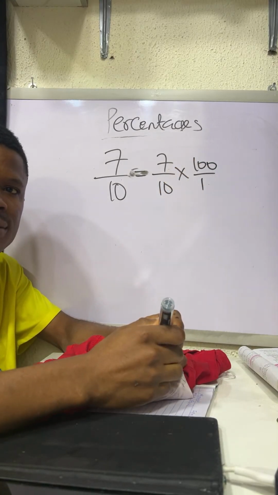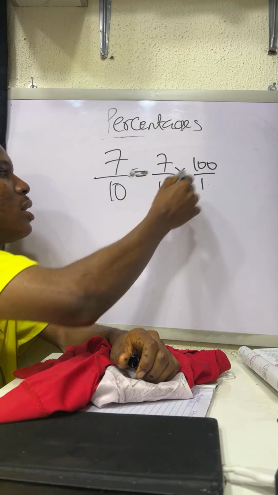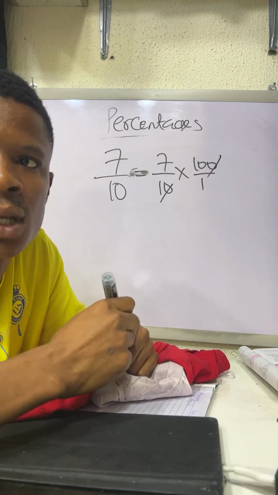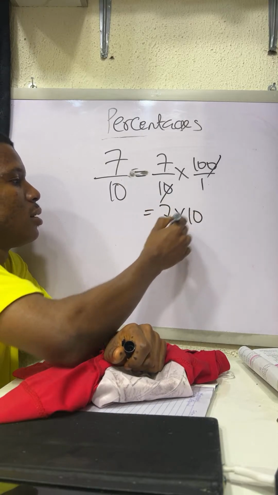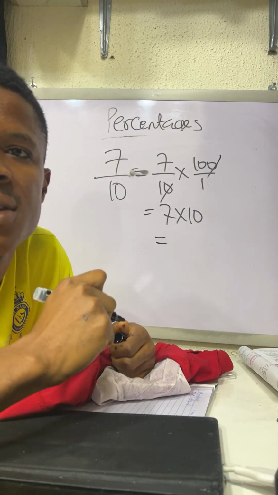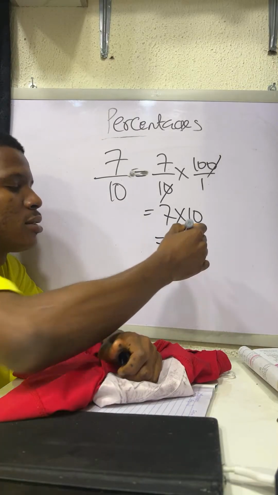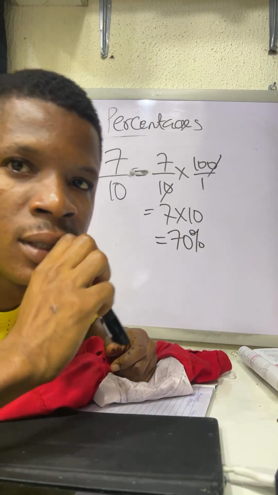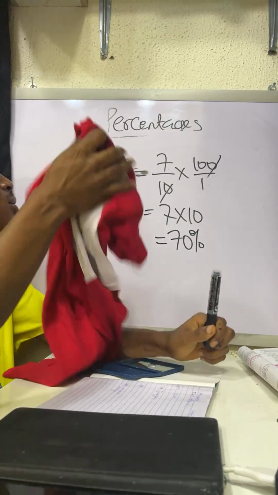If I cancel a 0, the zeros are out. So what do we have left? What is 7 times 10? 70. So the answer is 70%. This is how easy it is to solve this type of problem. So let's continue.